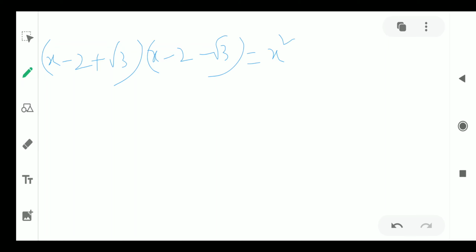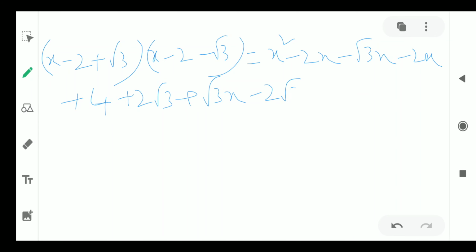x square minus 2x, minus root 3x, minus 2x plus 4 plus 2 root 3, plus root 3x minus 2 root 3 minus 3.